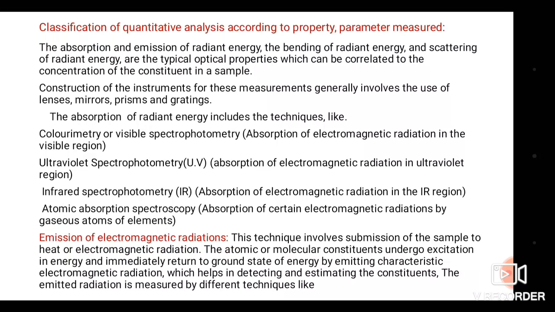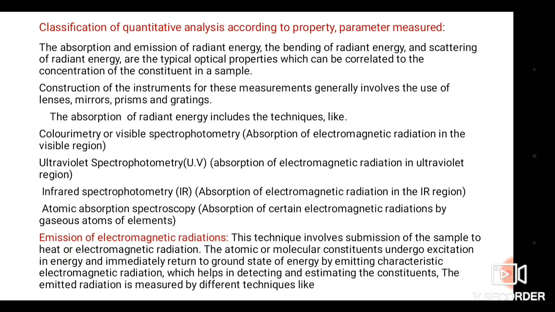Then infrared spectrophotometry, where absorption of electromagnetic radiation in the IR region takes place. And last, atomic absorption spectroscopy, absorption of certain electromagnetic radiation by gaseous atoms of the element. So these are the various spectroscopic methods included in the optical methods.